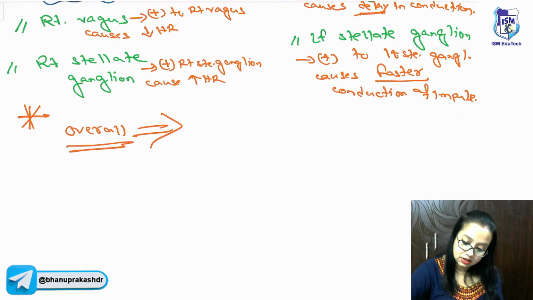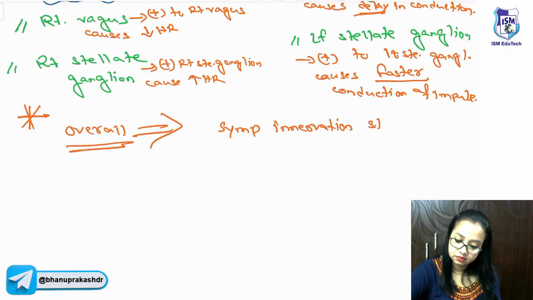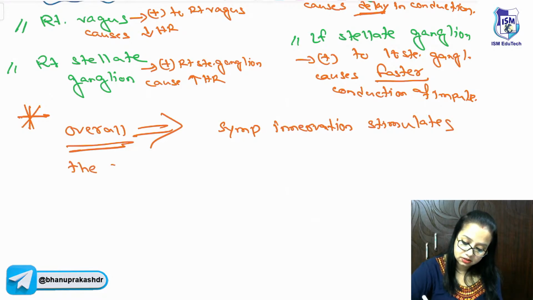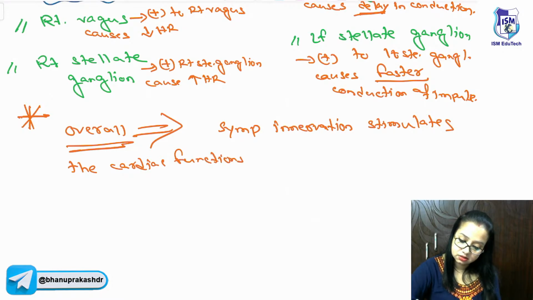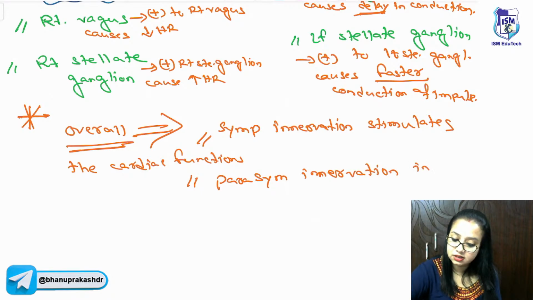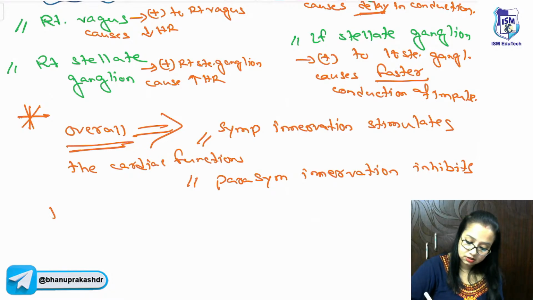Overall, what we have to remember: sympathetic innervation stimulates the cardiac functions and parasympathetic innervation inhibits the cardiac function.